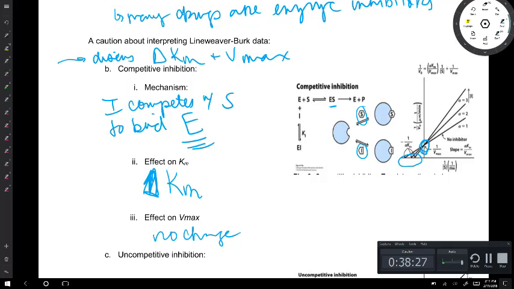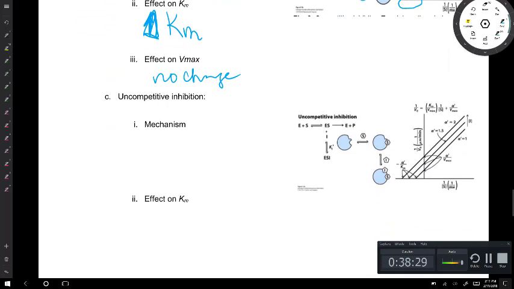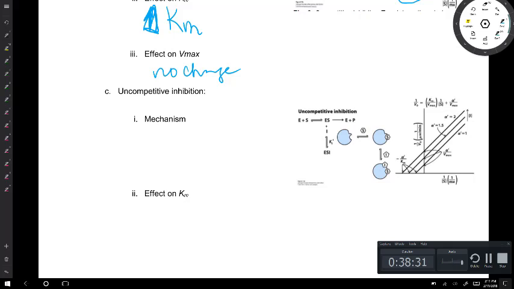What happens with the next type, uncompetitive inhibition, is that the inhibitor binds to the enzyme substrate complex. You can see here, first the substrate binds, and then the inhibitor can't bind until the substrate is there too. So the inhibitor binds ES and only ES.